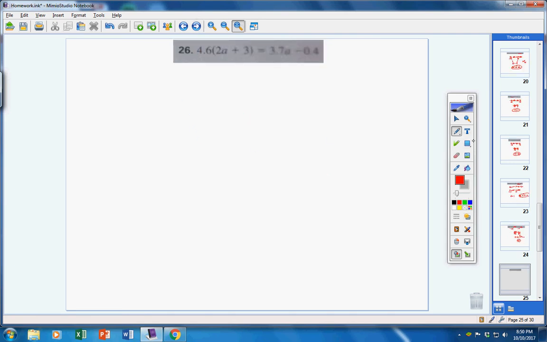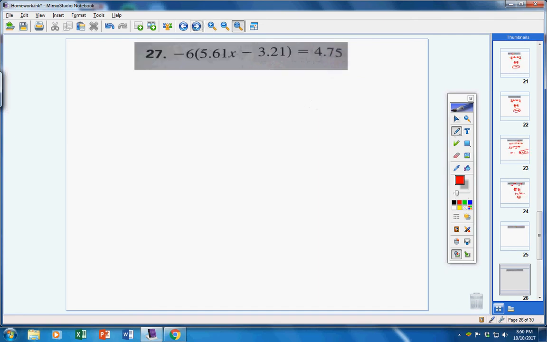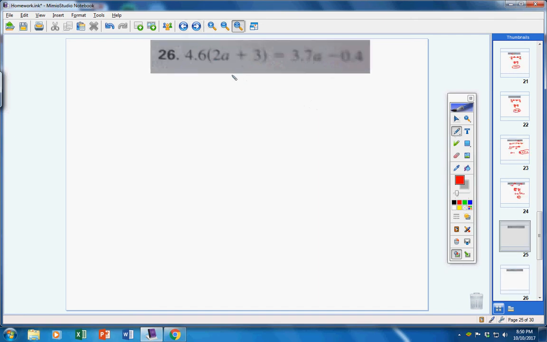Number 26. Okay, step 1, we're going to simplify. Take your 4.6, multiply it through. 4.6 times 2 would be 9.2a. 4.6 times 3 would be 13.8.